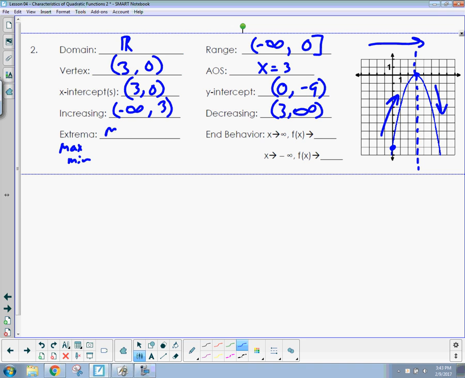And remember, that's the vertex, (3, 0). End behavior, again, as x is increasing or heading to infinity, the y is decreasing. So -infinity, or decreasing. And if that's -infinity, so will this one be. Again, -infinity means decreasing. I'm just going to start putting infinity, but again, I just want you to get the terminology down.